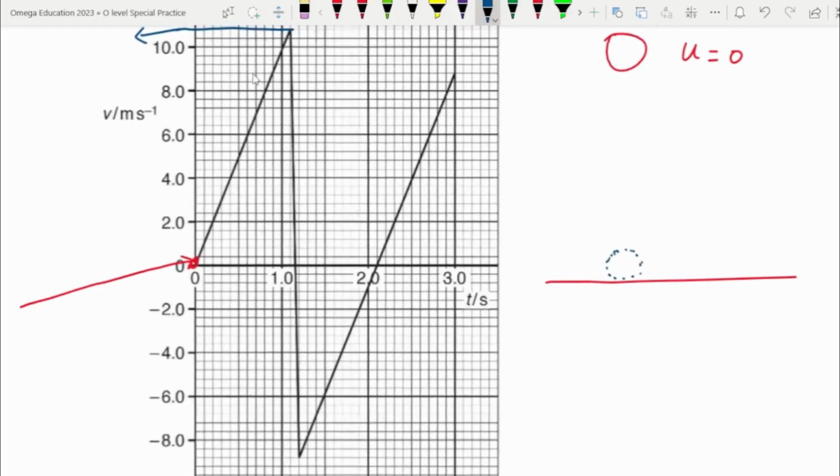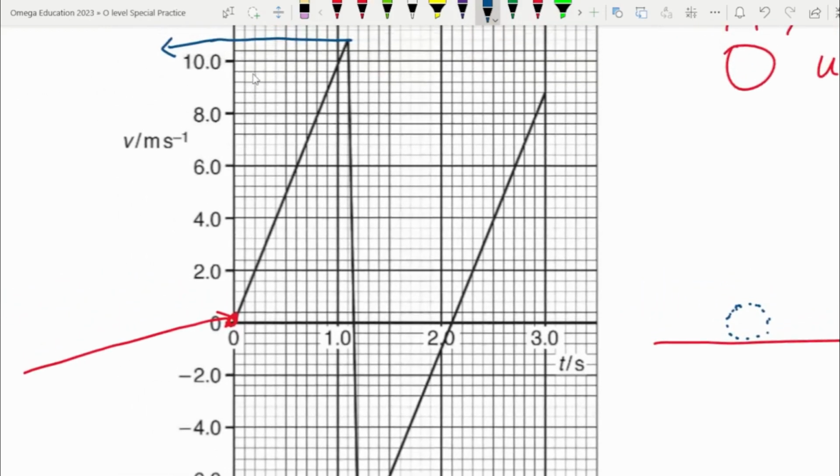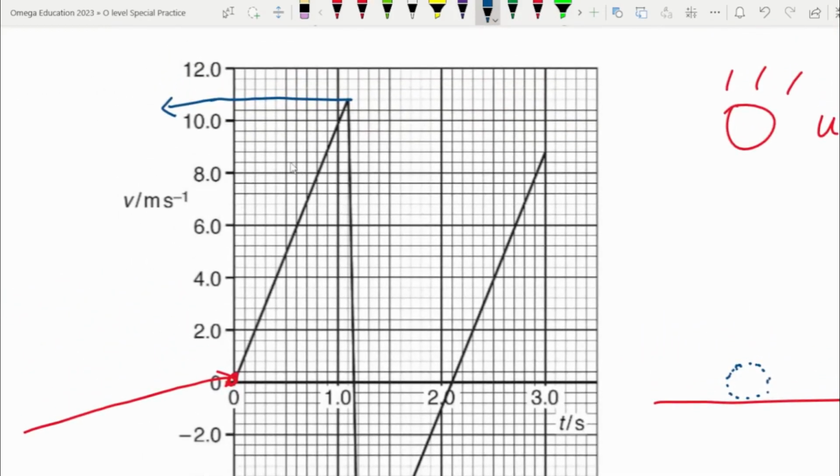If I zoom it in, from 10 to 12, that is being separated by 1, 2, 3, 4, 5 blocks. So what does a single block represent? If you're not able to guess, do it mathematically.